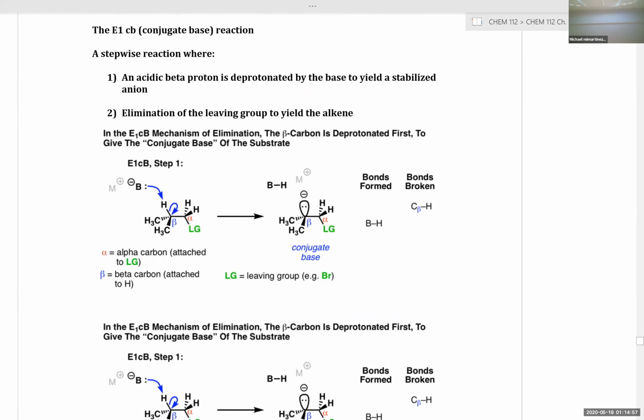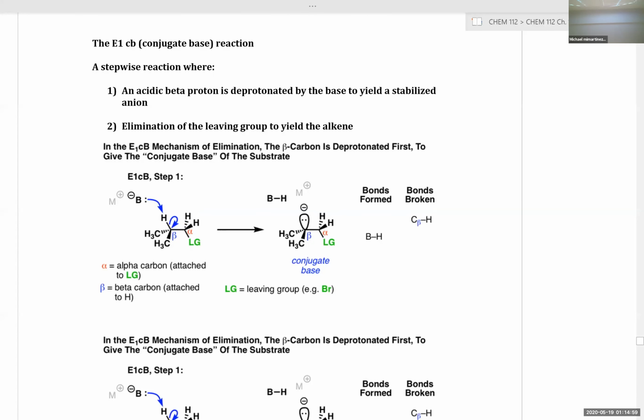But before we discuss the next major reaction pathway, we're going to discuss a bit of a side note that is important for 113. It's called the E1CB reaction. So it's a stepwise reaction where an acidic alpha proton, well, here's where things get a little bit of a matter of semantics. Depending on how you number it, you can call this a beta proton.